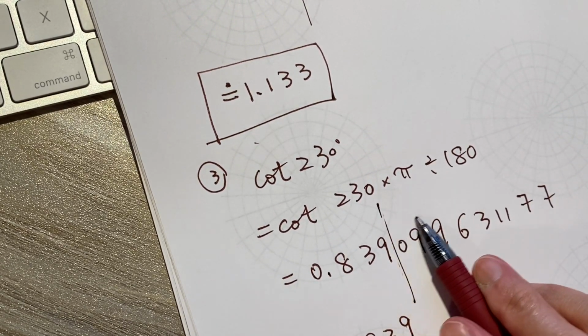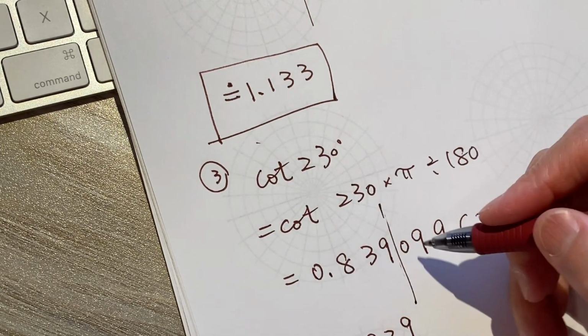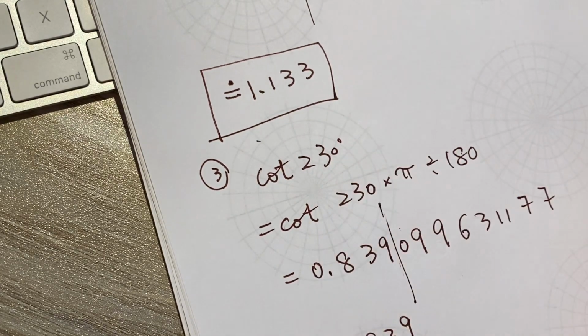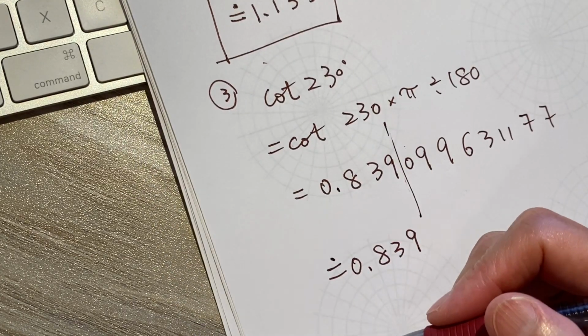Behind it, if this number is 4, forget it. If this number is 5, no matter what number is behind it, we just see this number. Okay, so that is the result.